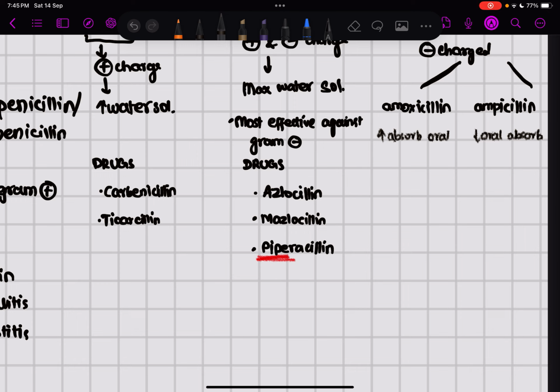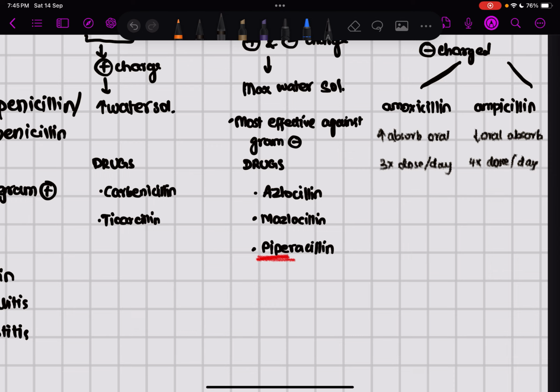So with more oral absorption, there is less dosage, three times per day. This is four times dose per day.